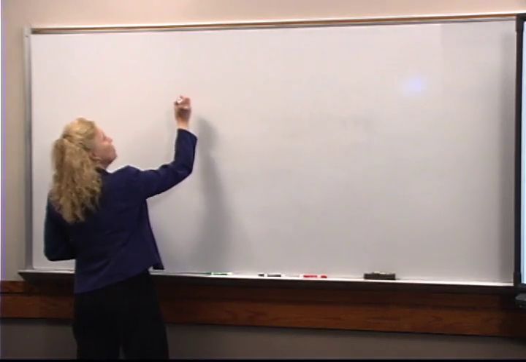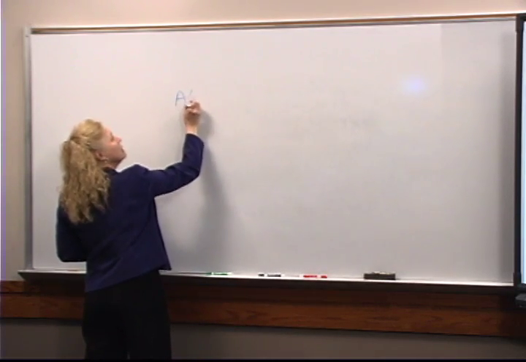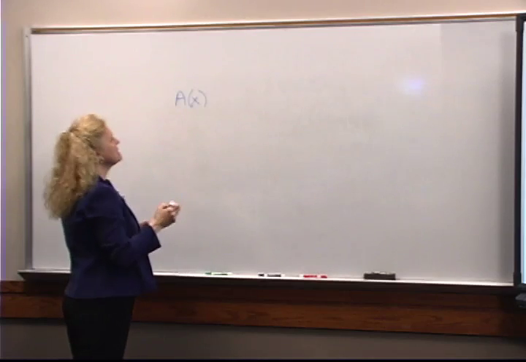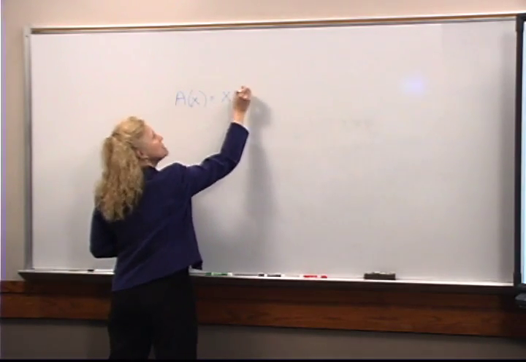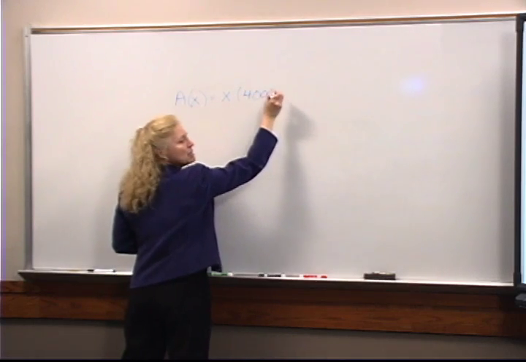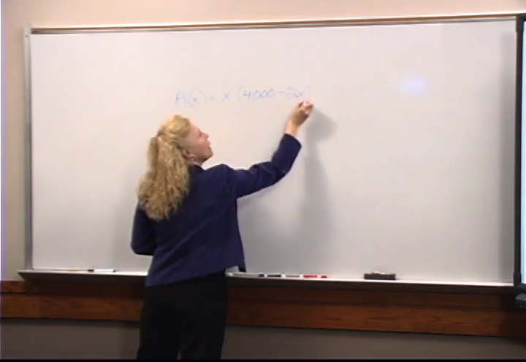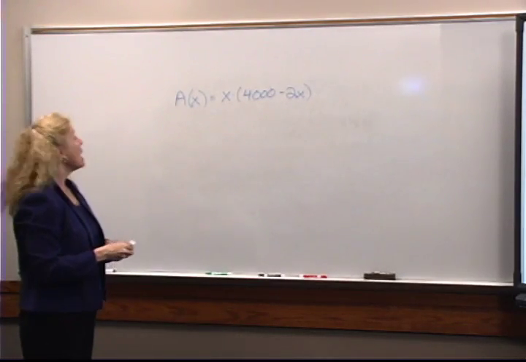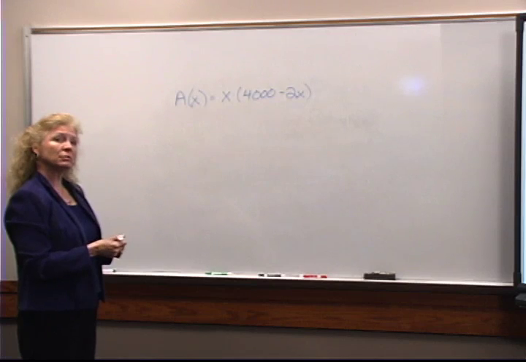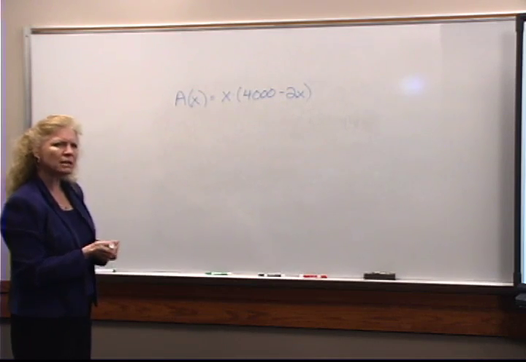Okay? So my area, in terms of x as an input variable, would be x times (4,000 minus 2x). That looks nice. And I've got a quadratic equation. How do I know it's quadratic?